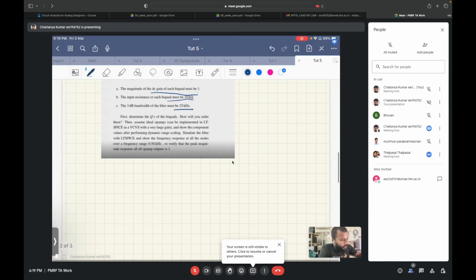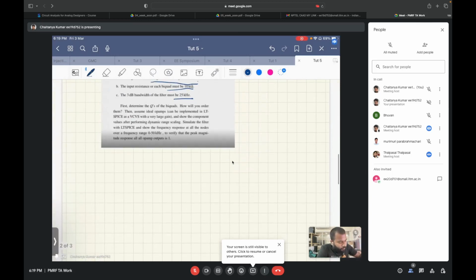So we will start with finding the quality factors. We discussed previously how we find them.